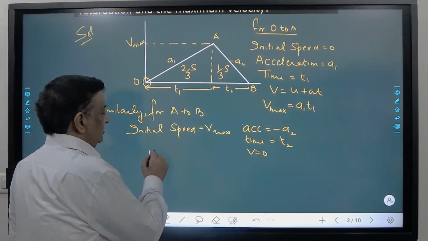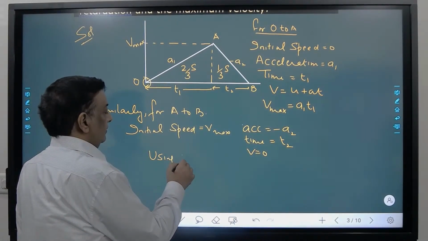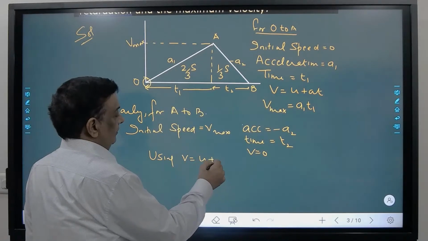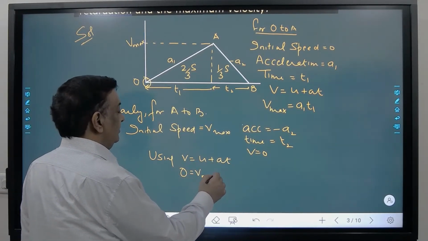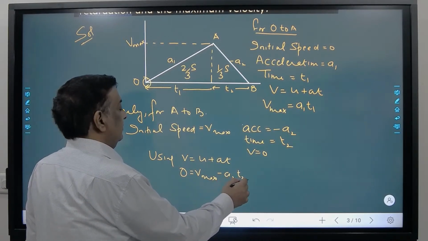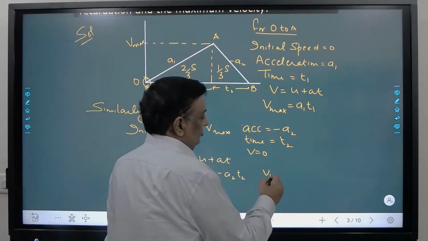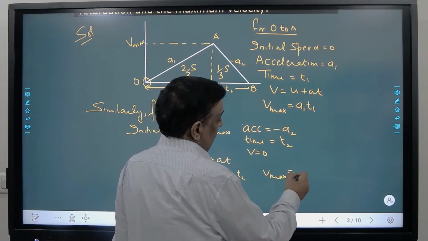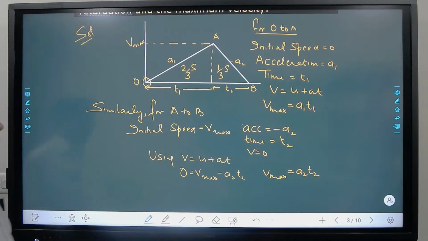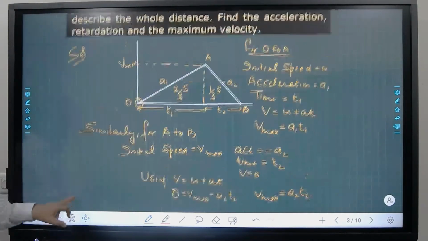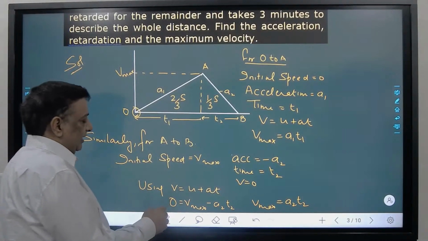Again, if we use this, final velocity is 0, initial is Vmax. So you get Vmax is equals to A2 T2.